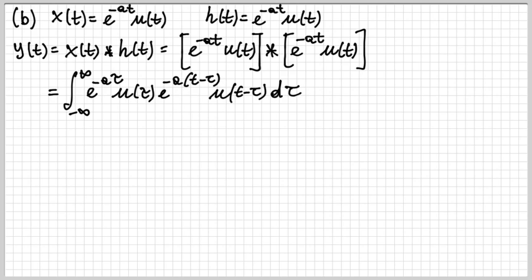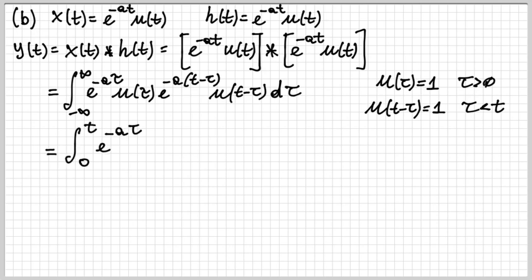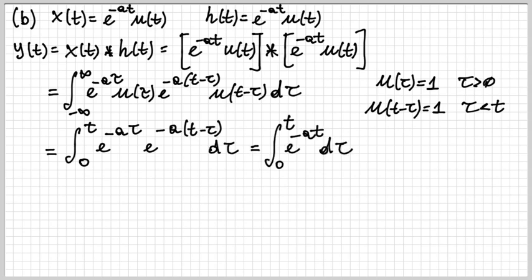Well, like previously, I recall where the step functions are non-zero, and so I reduce the integral to an integral that runs now between 0 and t of the product of those two exponentials, and then I can group the two exponentials by summing up their respective exponents, and I end up with the integral between 0 and t of e to -at d tau.